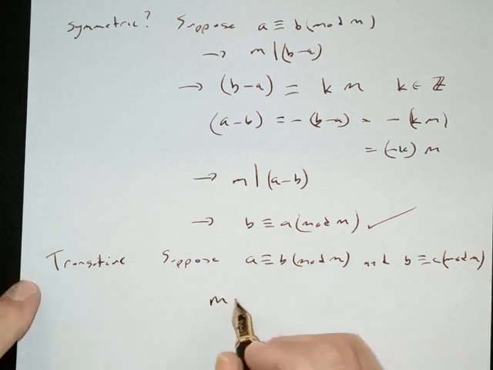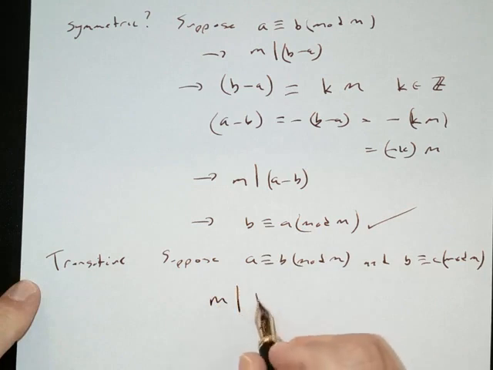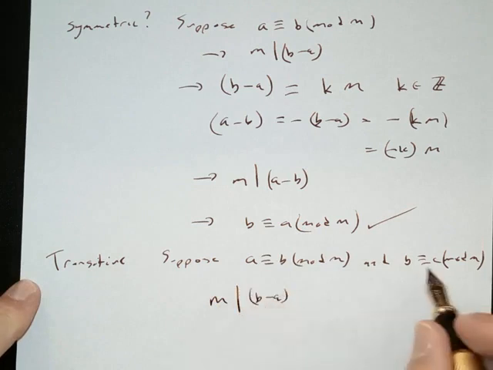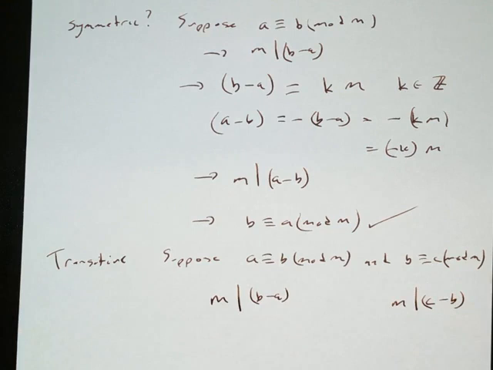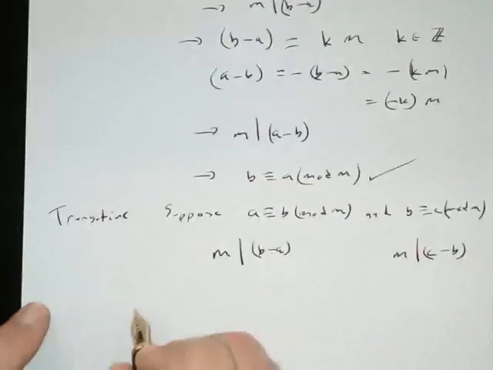This means that M divides B minus A. This means that M divides C minus B. Since I want A congruent to C, what's the end statement I want? And we'll look at M dividing what? C minus A. Well, let me take a look at C minus A.